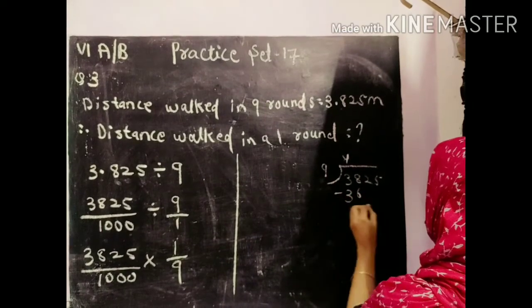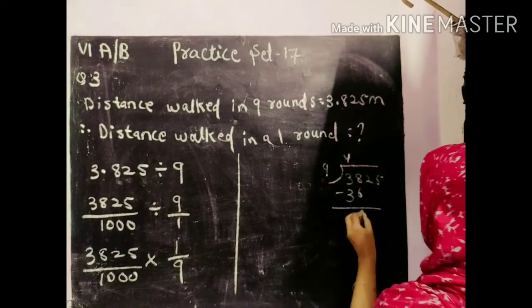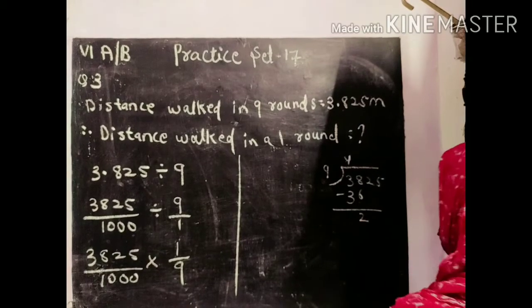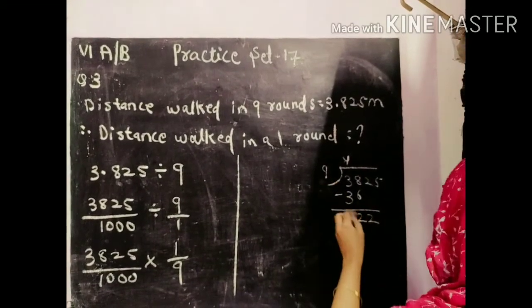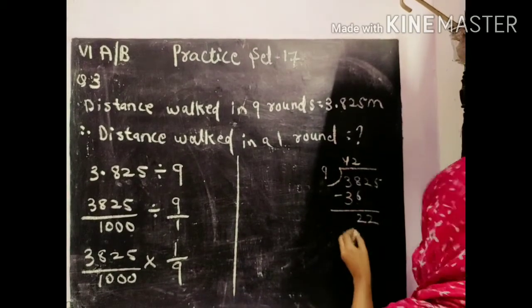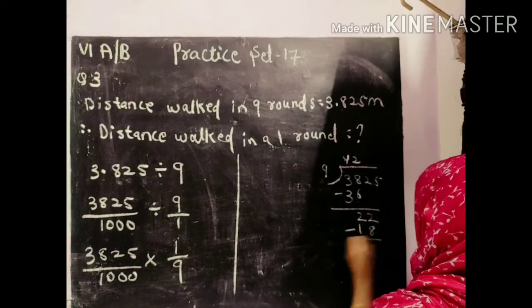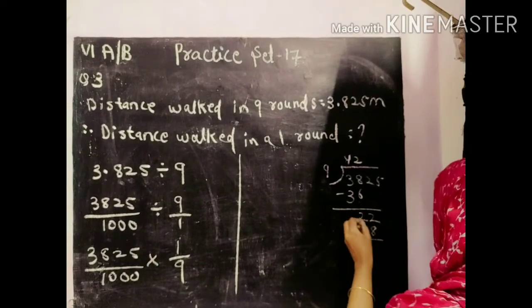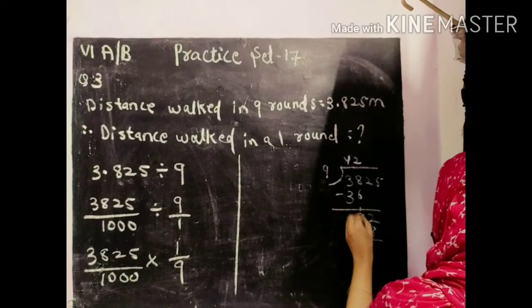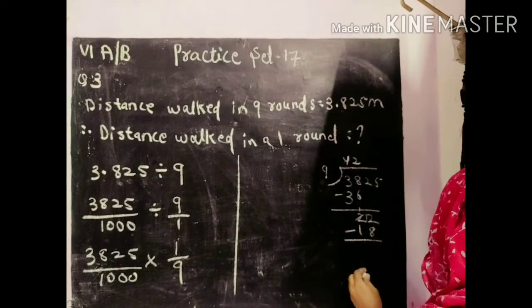So 36 will come. 38 minus 36, 2 will come. Then 22. 9 2s are 18. 22 minus 18, 4 will remain.